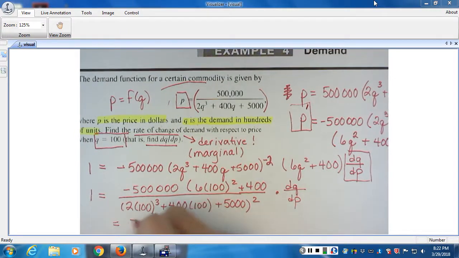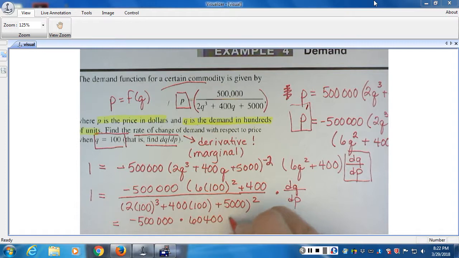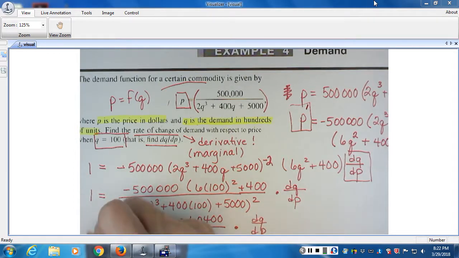That turns out to be -500,000 times 60,400 over 2,045,000 to the second power. And that's still all equal to 1.